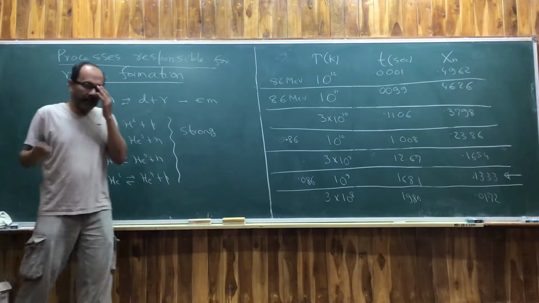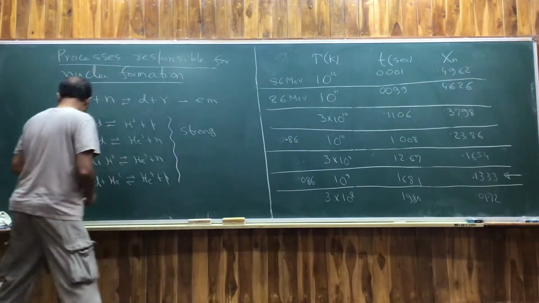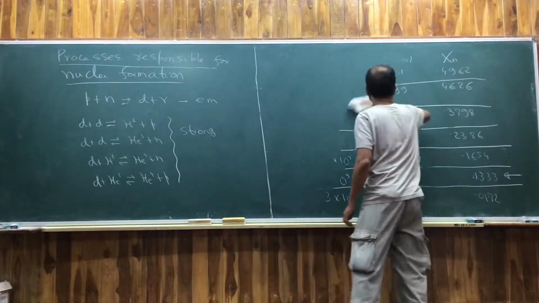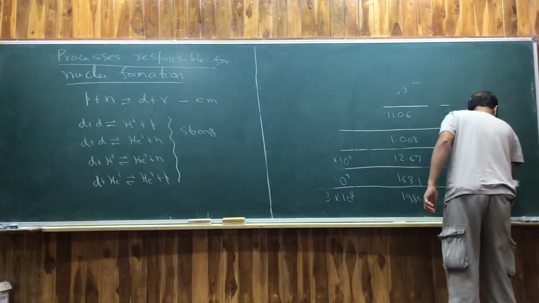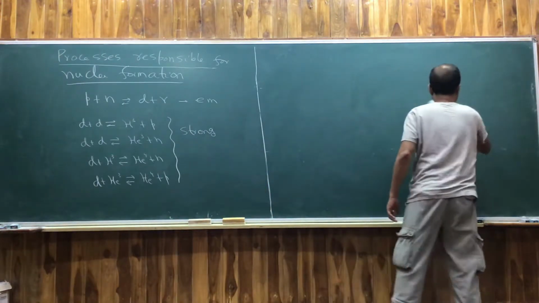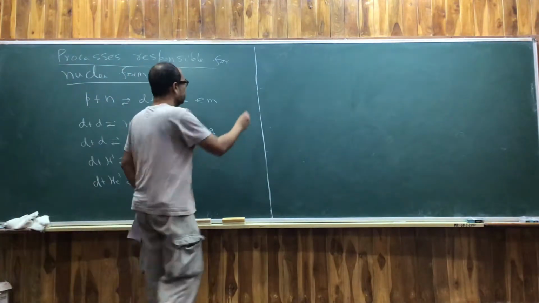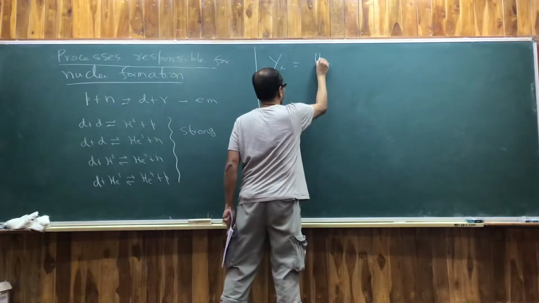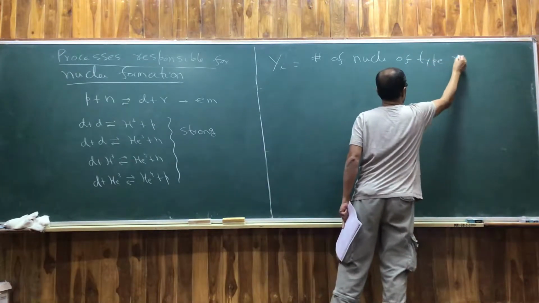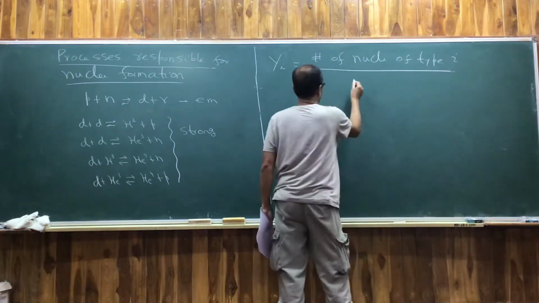So if you want an accurate analysis, what one has to do is to basically set up, suppose Yi is equal to the number of nuclei of type i, which can also include protons and neutrons, divided by NB.